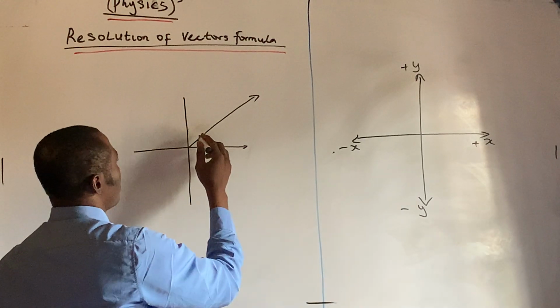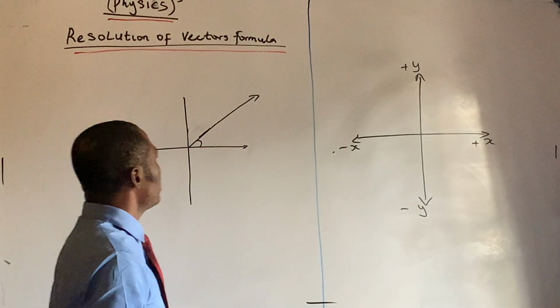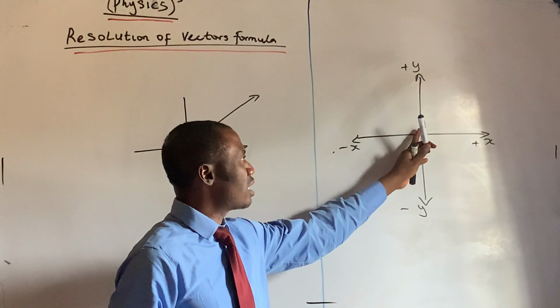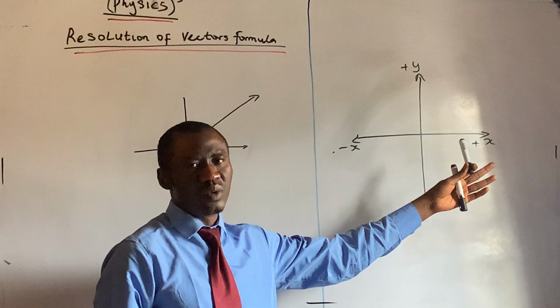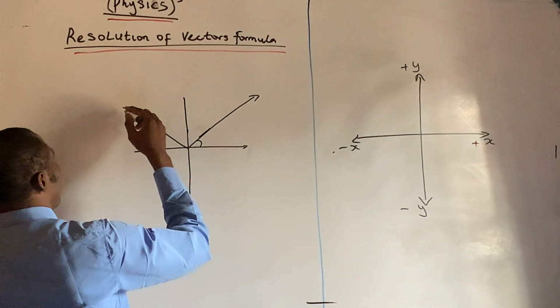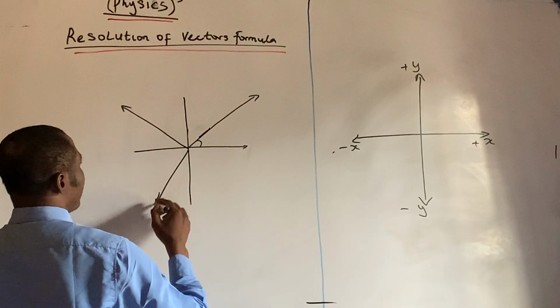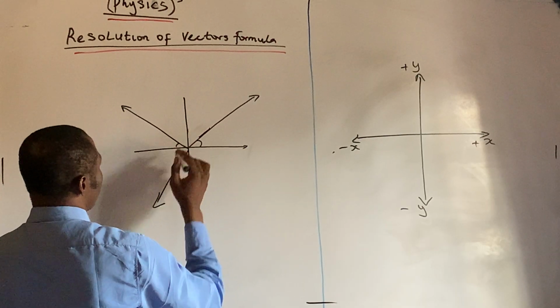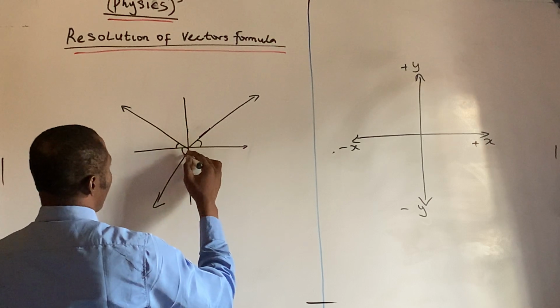Before we start up with the first one, we need to also know how to resolve the angles of inclination and the reference angle. For instance, you can have vectors that will be inclined here at the same time. So we have a vector over here, we have a vector over here.